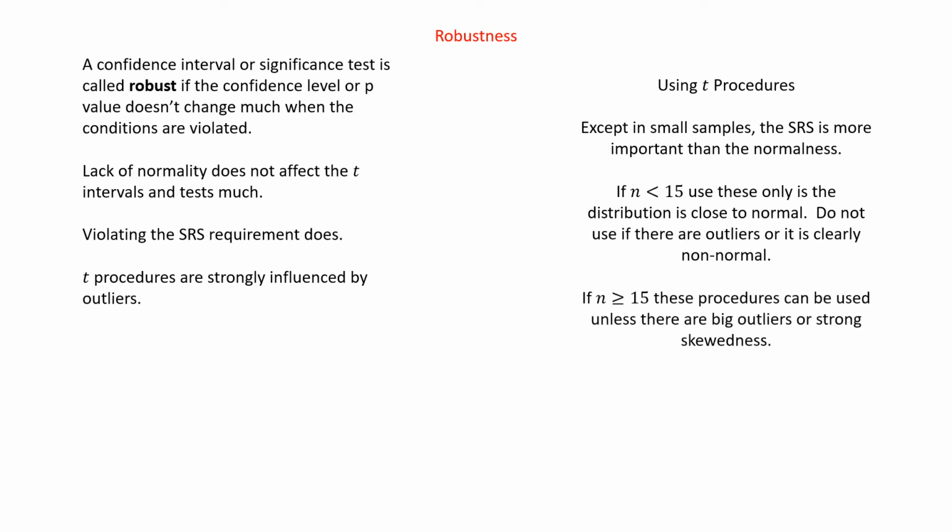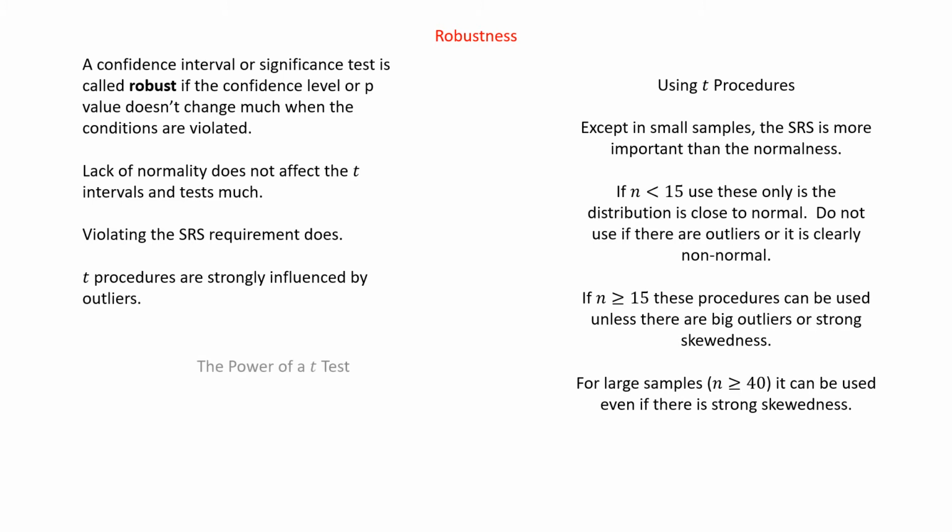If n is greater than 15, then it can be used unless there are big outliers, or it's really strongly skewed. If it has a bit of a skew to it, it'll be fine. Now, for large samples, so n is greater than or equal to 40, even if it is super skewed, the central limit theorem's kicked in and we should be good. So we can still use it because they're robust like that.